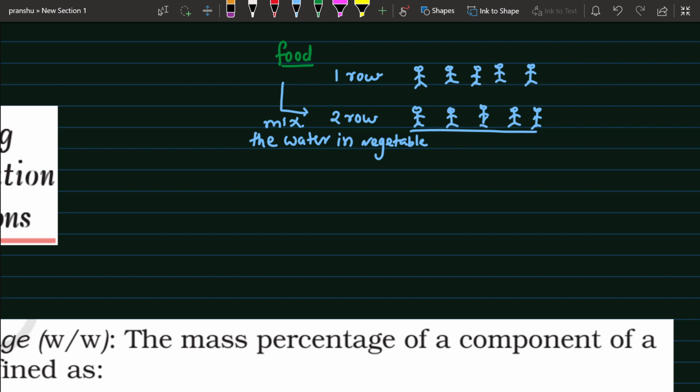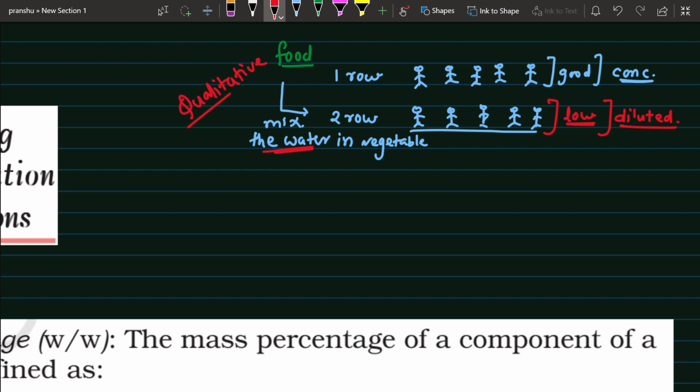So the first row is getting good quality food. In terms of chemistry, we say it is concentrated. And in the second row, due to the addition of water, we say it is diluted food. So this is the qualitative measurement, that is, concentrated or not concentrated.